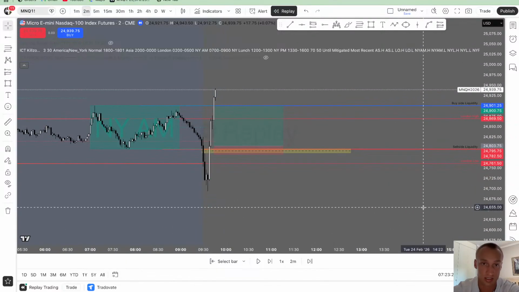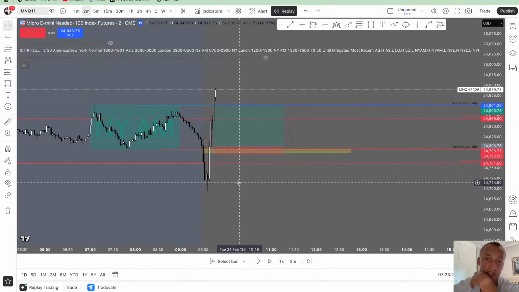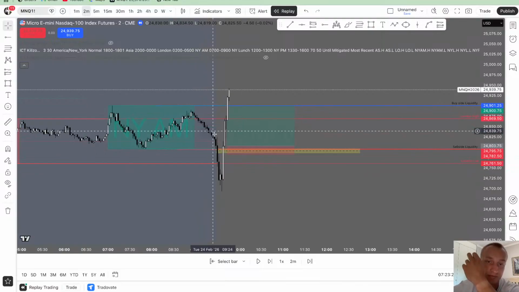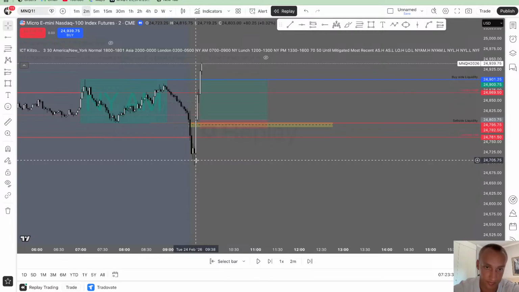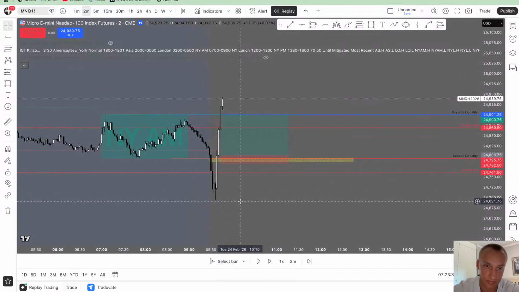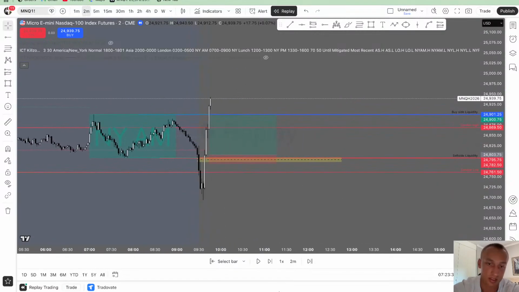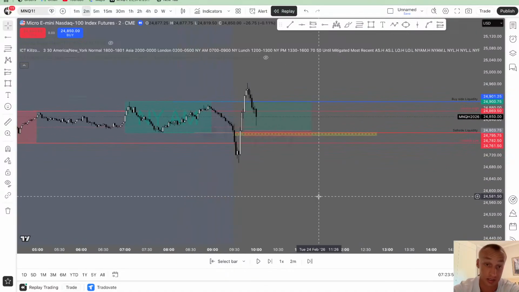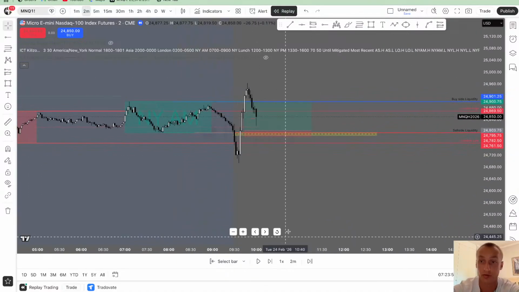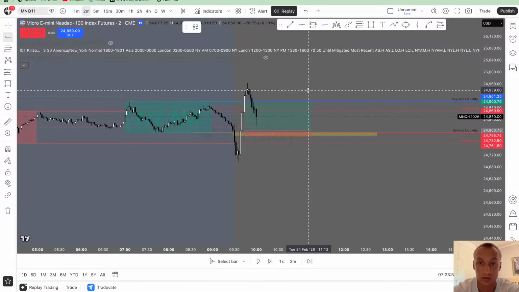Now another model I would use, say now this doesn't set up right, it just continues down. Well, let's actually look, so let's look what the market does quickly. Okay, so now we've created what I like to call a swing high.